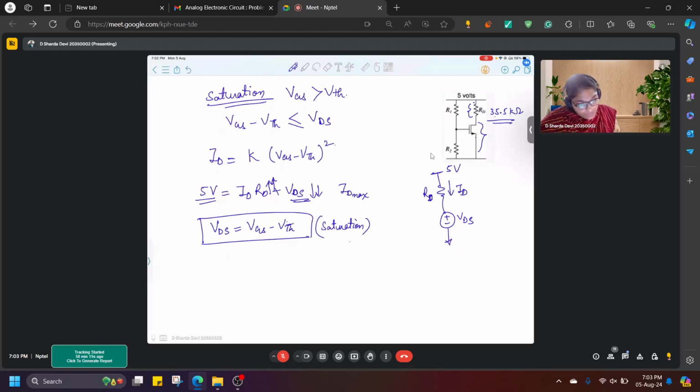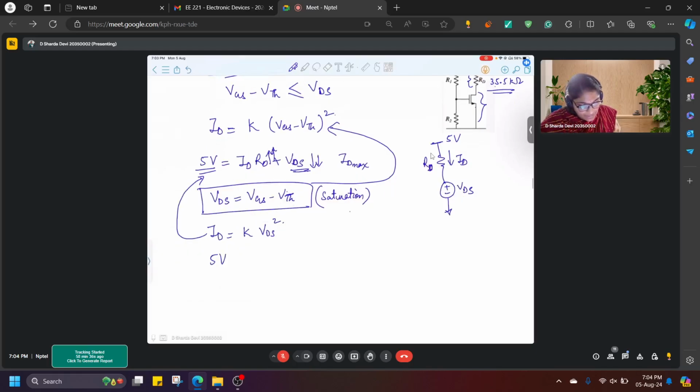So VDS is VGS minus VT. So ID equals K times, if I substitute this, VDS squared. Now if I substitute it here, this is for ID max.